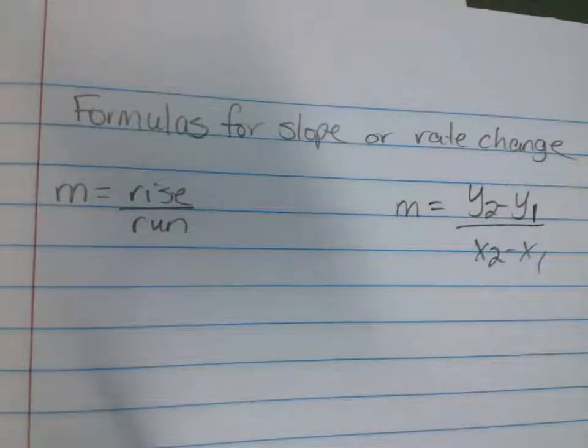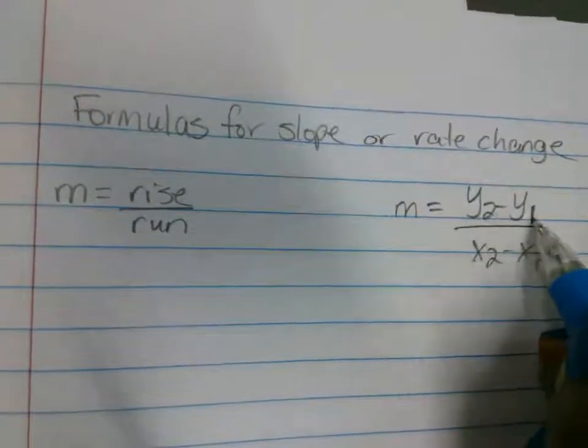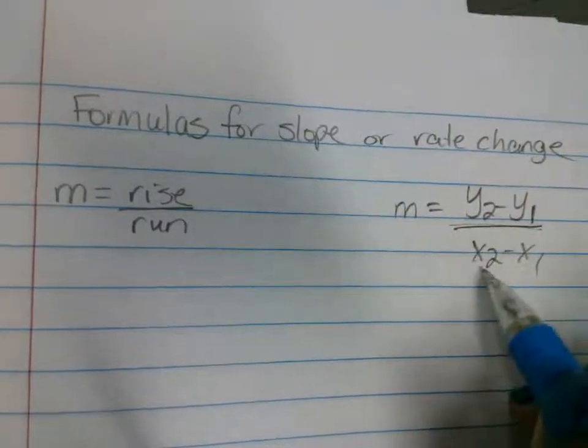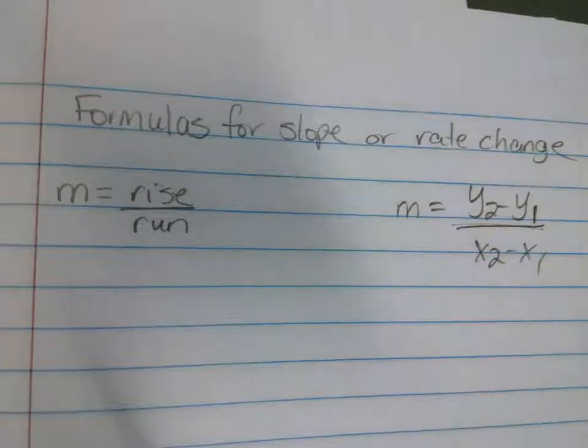It's two y's. It's y2 minus y1 over x2 minus x1. All right, here we go.